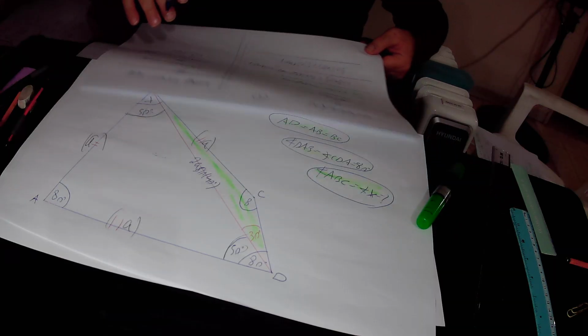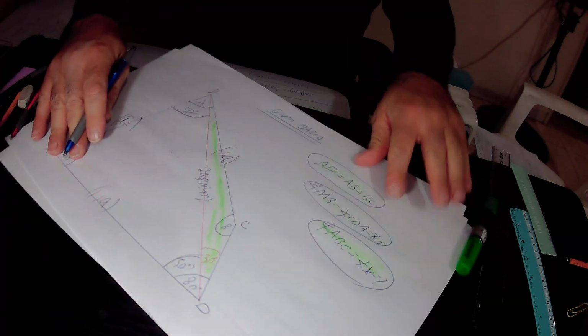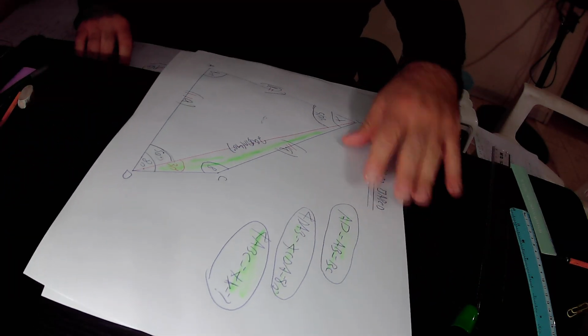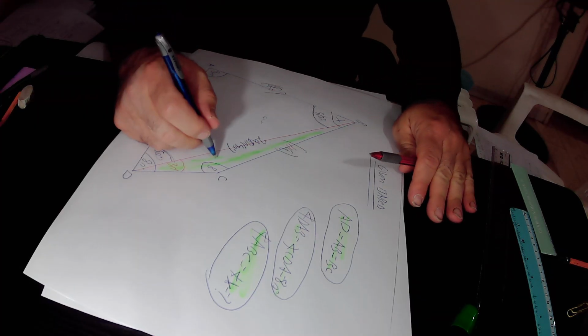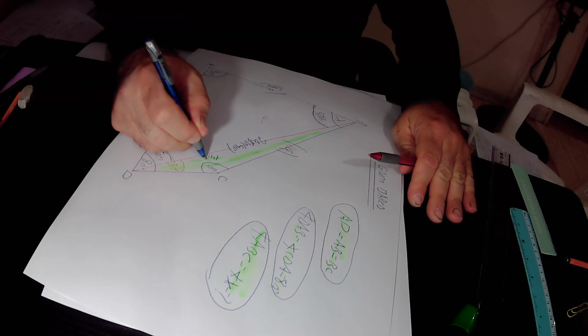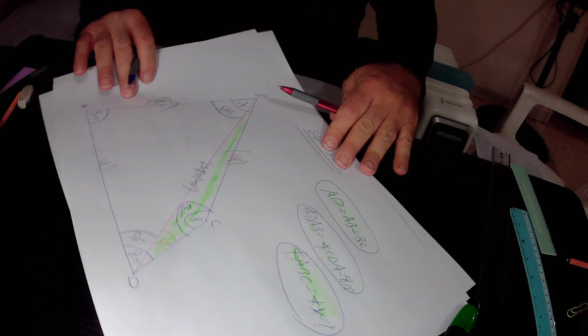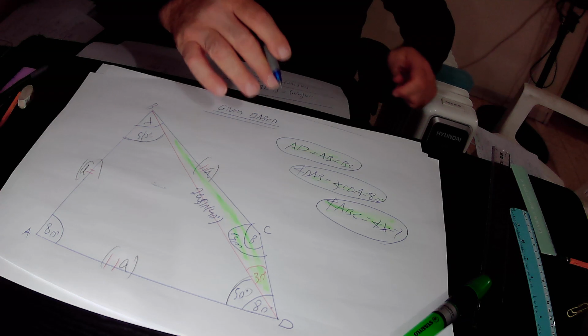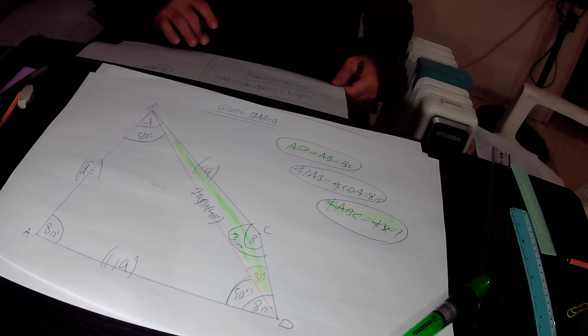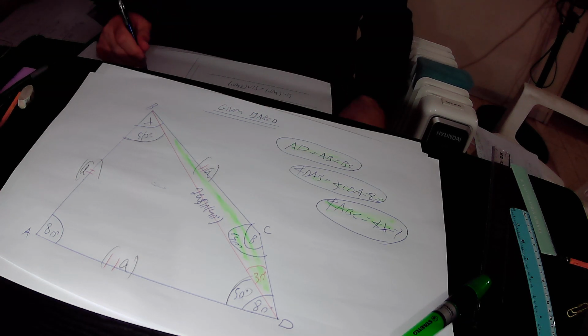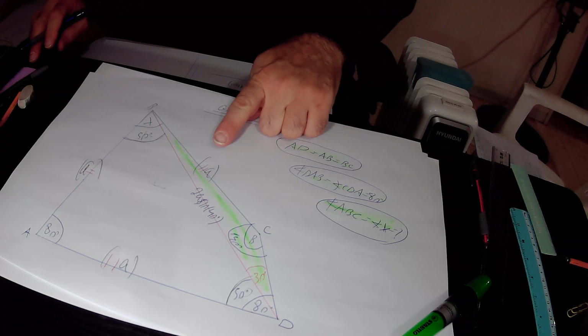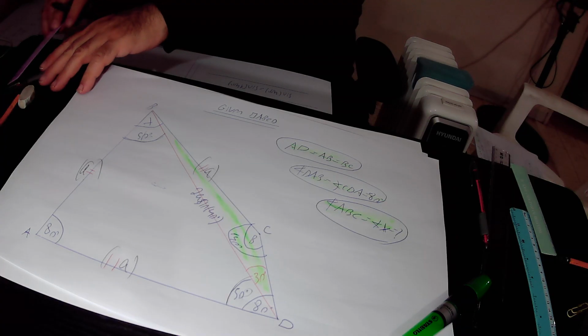So now we found out that this is angle beta, which equals 140 degrees in its size. In this green triangle BCD, the sum of the angles must be equal to 180 degrees. Which angles do we have in this green triangle BCD?